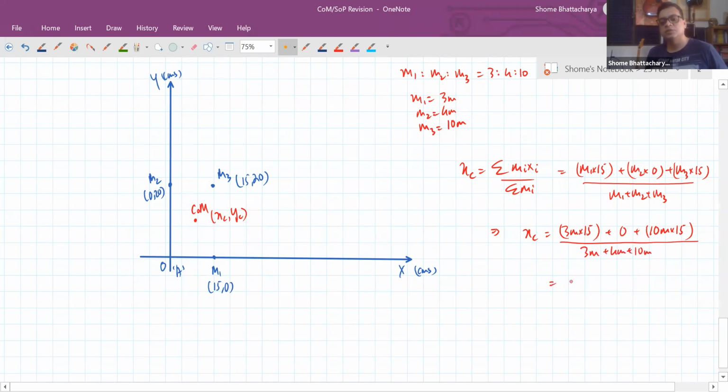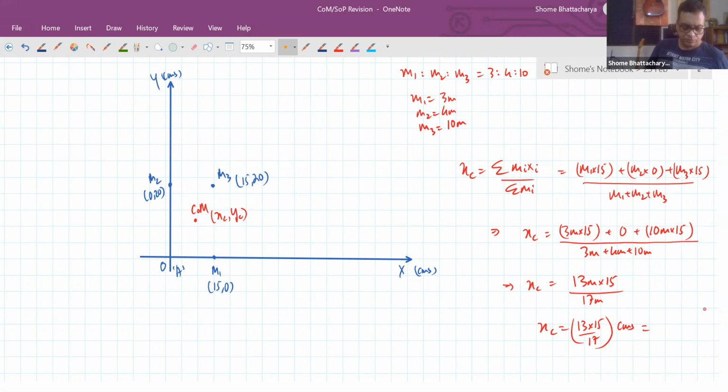So as you can see, it's becoming 3 plus 10, 13m into 15 divided by 3 plus 4 plus 10, that's 17m. So it's becoming 13 into 15 by 17 centimeters. This is the x coordinate of the center of mass, which will become 11.47 centimeters approximately.